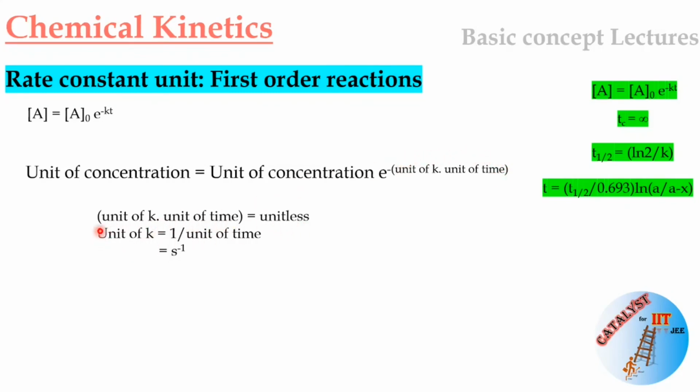That means unit of k should be inversely proportional with unit of time. So that is 1 by second, which is nothing but second inverse. So the unit of rate constant for a first order reaction is second inverse.